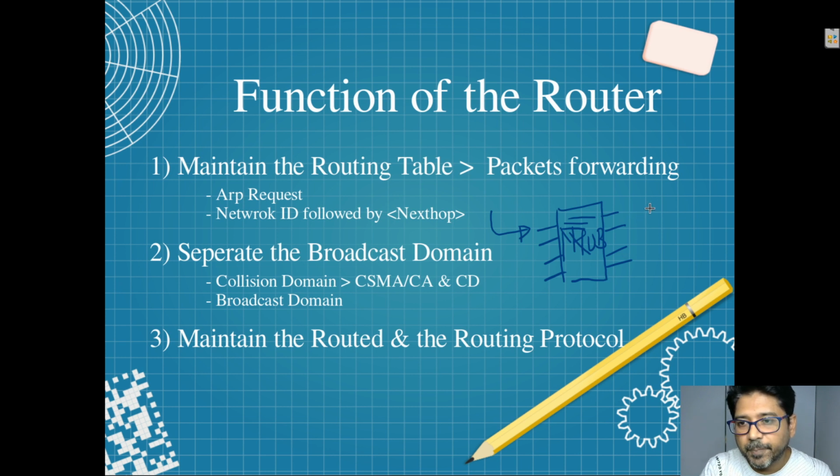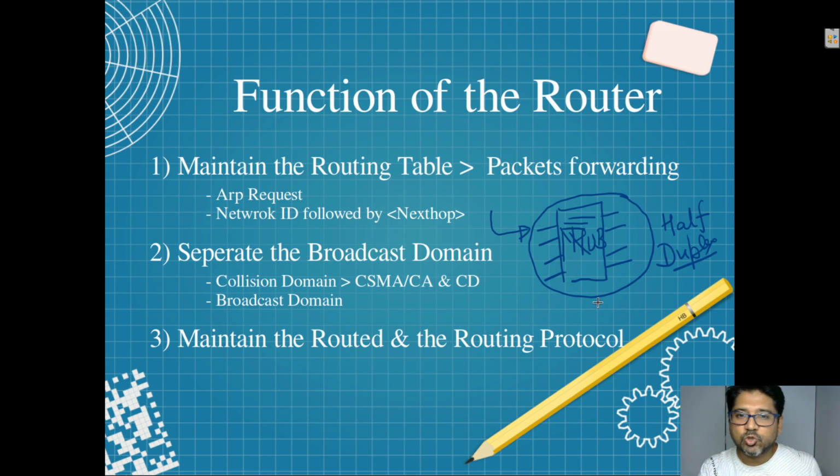Within the single collision domain, it's going to behave like half duplex. Because of this behavior, it maintains a single collision domain. It does not separate the collision domain.